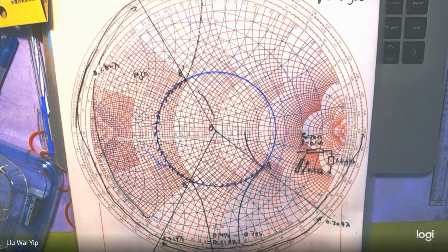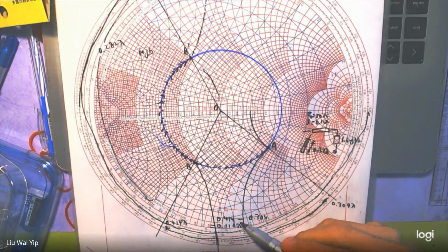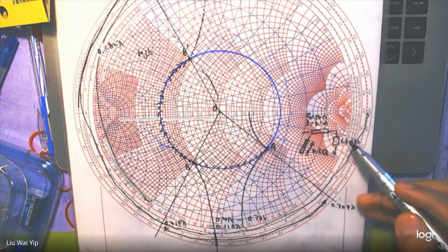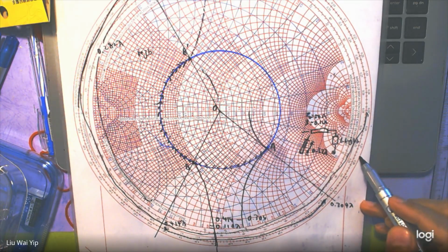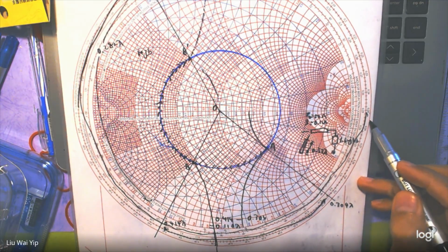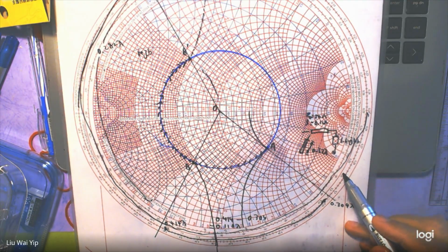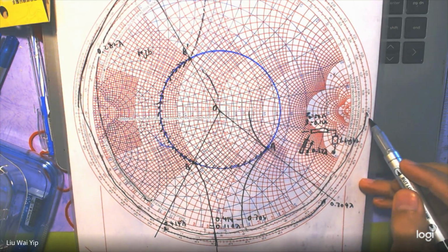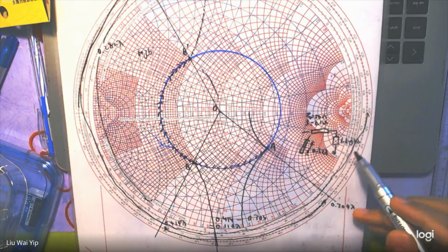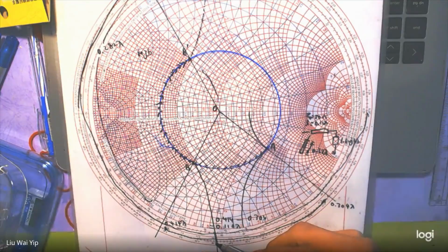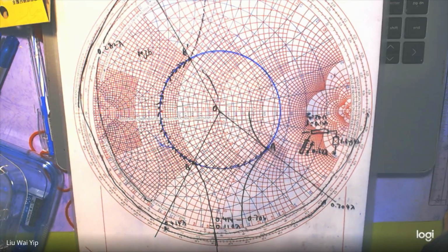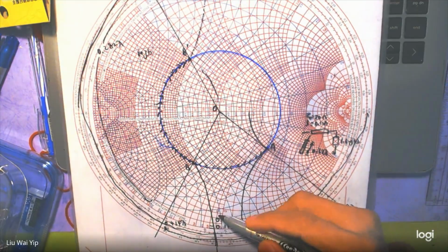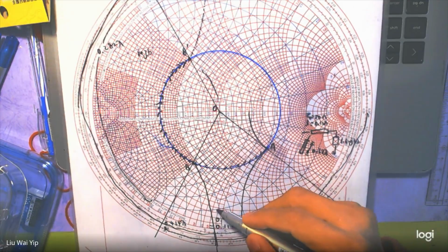Your length here is about 0.129, 0.1299.